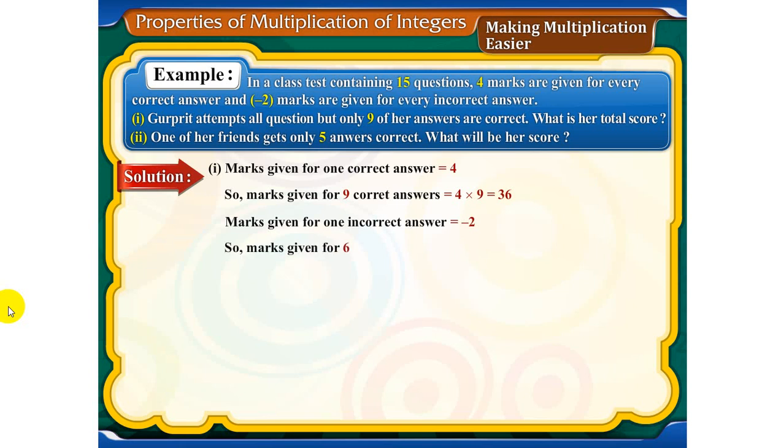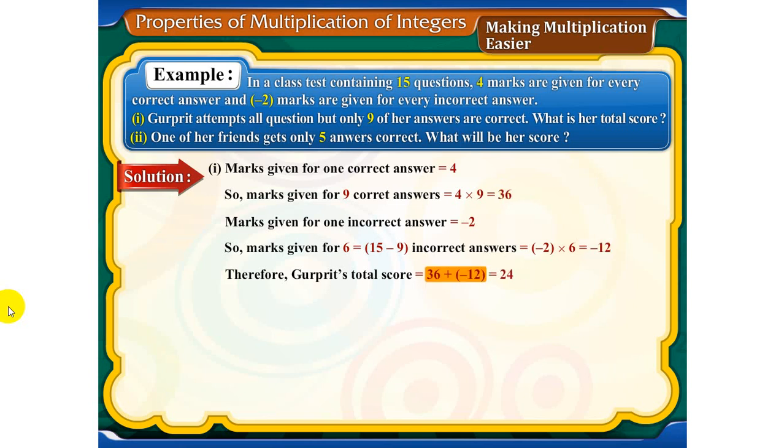So marks given for 6 incorrect answers, which is 15 minus 9, equals negative 2 multiplied by 6, which equals negative 12. Therefore, Gurpreet's total score equals 36 plus negative 12, which equals 24.